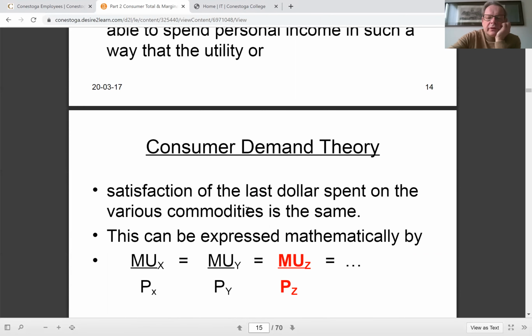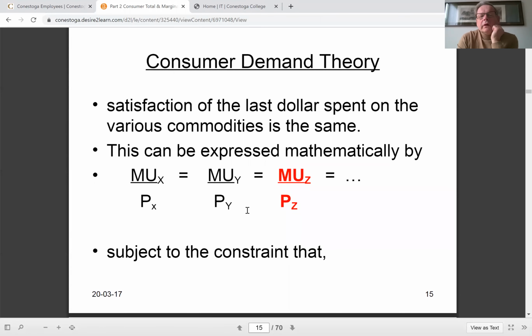Now, what is important here is that we can express this mathematically using the following ratio. We've got the marginal utility of the last X consumed divided by its price, which must be equal to the marginal utility of the last Y consumed divided by its price. And if we consume a third item, it must be equal to the marginal utility of the last Z consumed divided by its price.